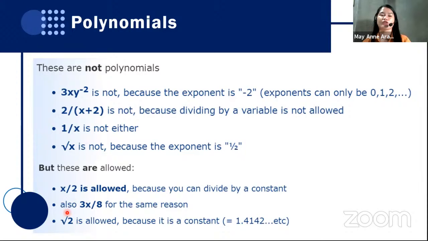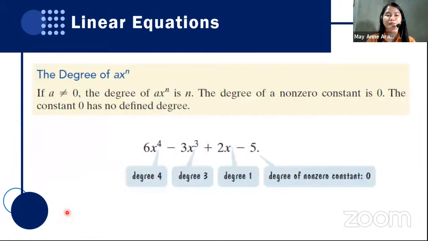Yung bawal magkaroon ng negative exponent, fractional exponent, or maging nandun sa denominator na variable or nasa radical sign or inside the radical sign na variable. So those are not polynomials kapag may nakita kayong ganun. But minsan may problem na pinapa-identify kung alin dun yung polynomial or not polynomials dun sa options. May ganong question. Baka possible na itanong.